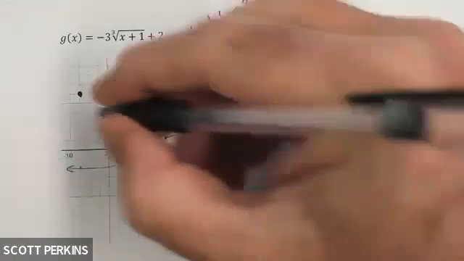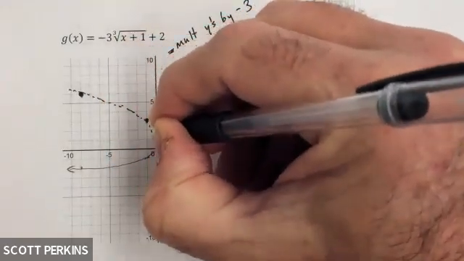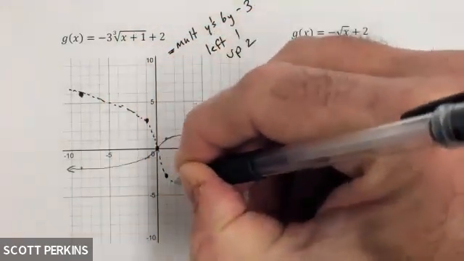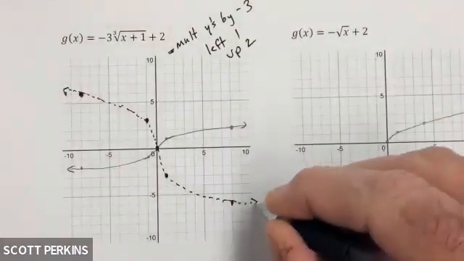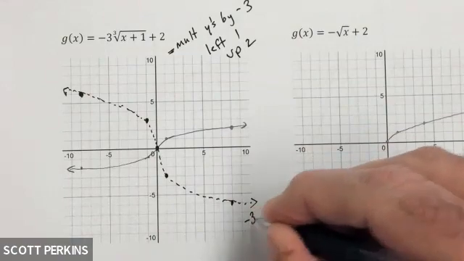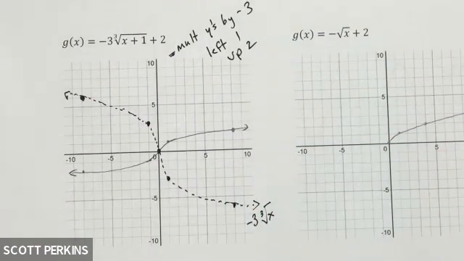And just so that I don't make too big of a mess out of this graph, I'm just going to make a nice dotted little cube root that's been multiplied by -3. So that for your notes, you see what I've done. I'm going to just put -3 times the cube root of x right there, so you know what that represents. All right, once we've got that, we are ready to head to the finish line of this problem.